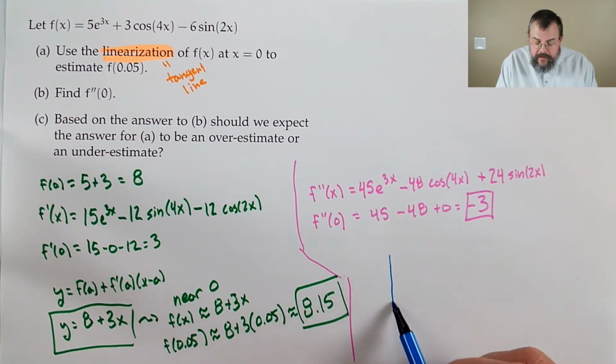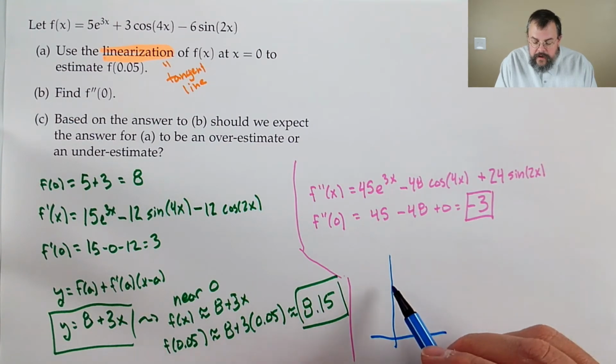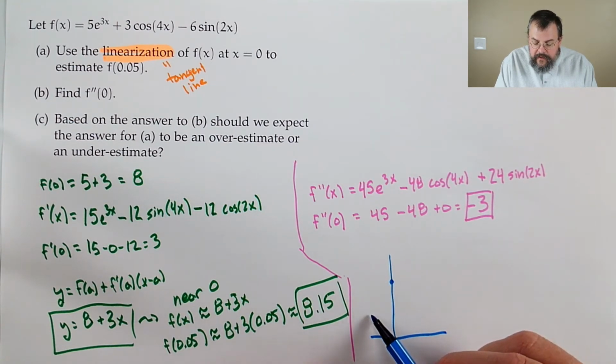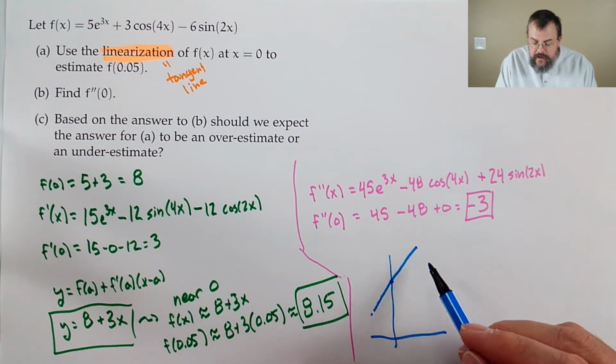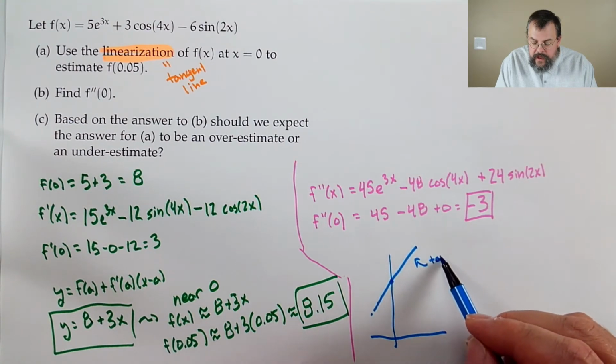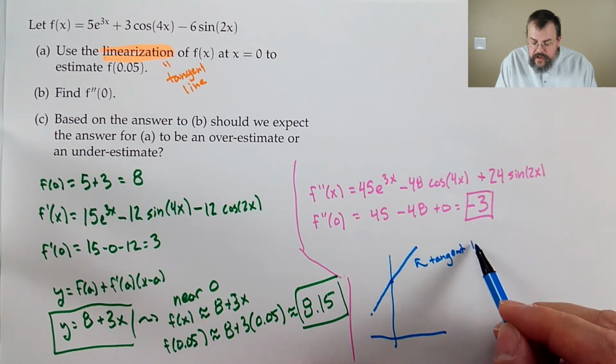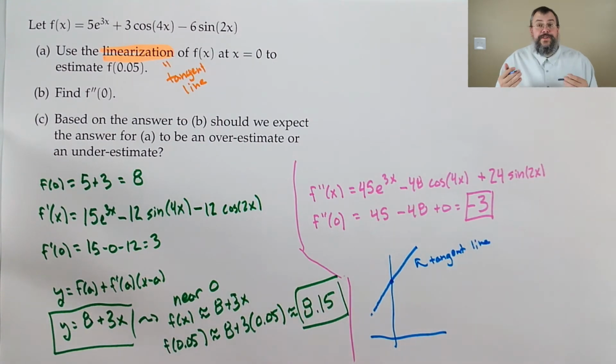Well, what we have is that our tangent line looks like this. So here's our tangent line. Now, the question is, what's the function doing? Because the function is near the tangent line, but it's not on the tangent line. It's going to start to veer off. But which way does it go?